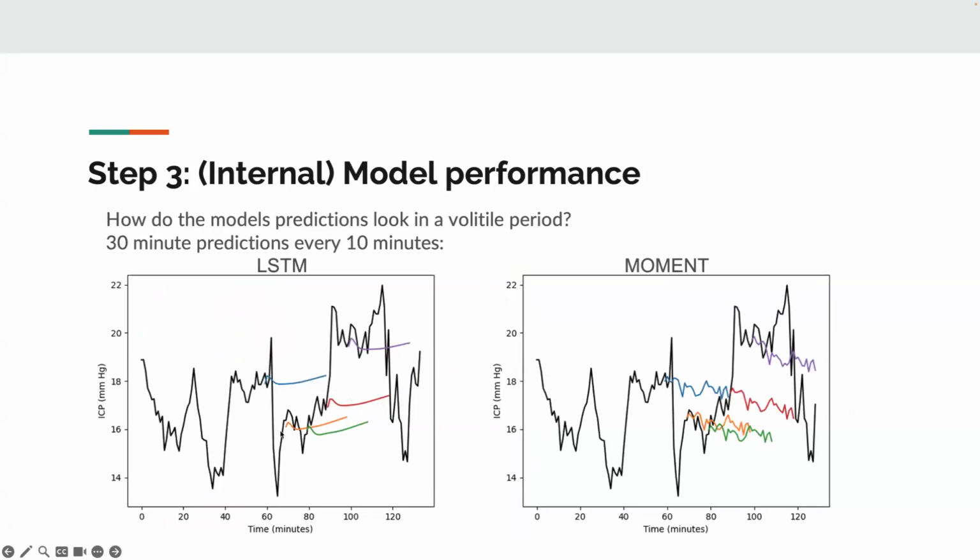And we can see that these predictions just cannot capture everything which is going on in the next 30 minutes. There's a lot going on, and it seems like the model just doesn't really know what to do. So it just predicts a stable line with a little slope. And the same is happening for the moment model. So it does predict some sort of shape, but it just doesn't know exactly how the ICP signal will go.